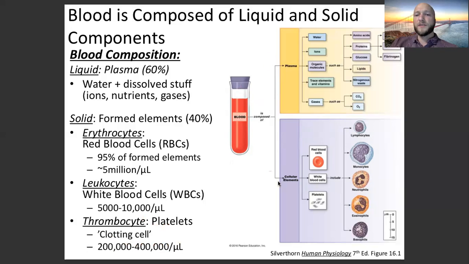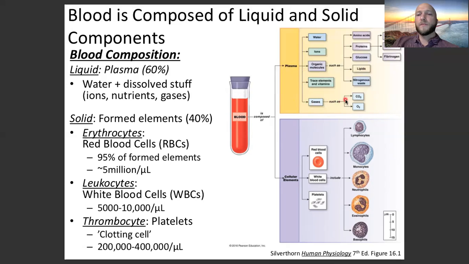So right here, in this image, we have it broken down a little bit further. We have whole blood, which is composed of plasma, the liquid part. The liquid part is made up of mostly water, and then the dissolved stuff. So ions, organic molecules, trace elements and vitamins, gases.